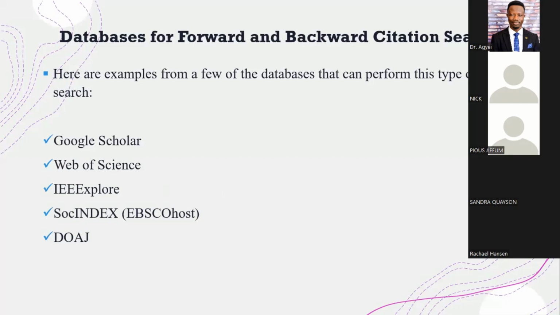So anytime you are doing your studies, if you want to get materials, don't just type it into the Google search engine. No, go to these specific databases, Scopus, DOAJ, and Web of Science, and search for your materials from there. And they will be able to give you specific materials related to your studies.